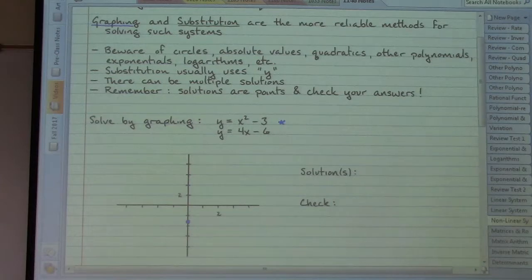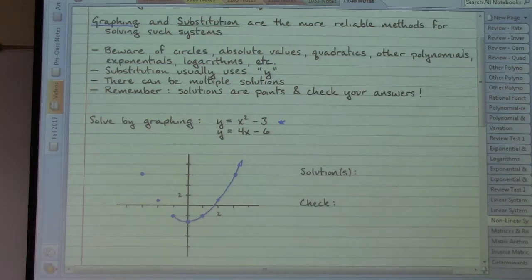And then if I start plugging in points, or if I reference a graph that I've generated on my calculator, I would also have points 1, negative 2, negative 1, negative 2, 2, 1, negative 2, 1, 3, 6, negative 3, 6, and I don't have anything else on this particular grid that I can use to draw in that parabola.